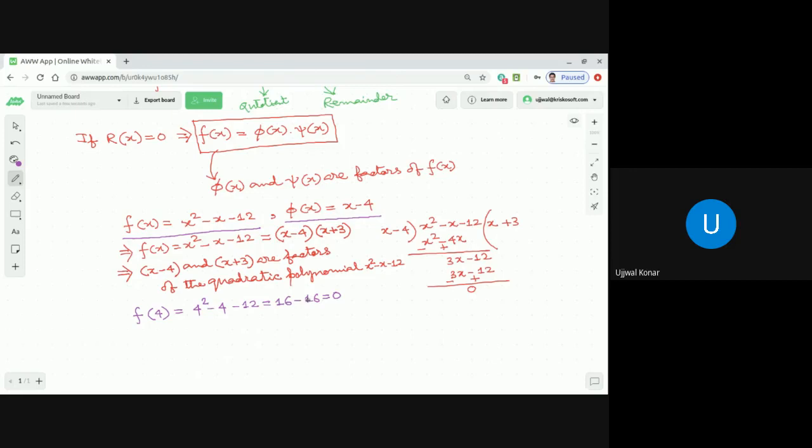Now, if we get f(4) equal to 0, that means we can say that x minus 4 is a factor of the polynomial x square minus x minus 12. Got it, no? Yes, sir.